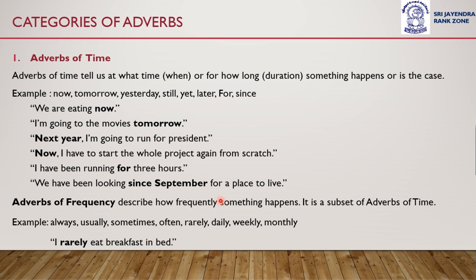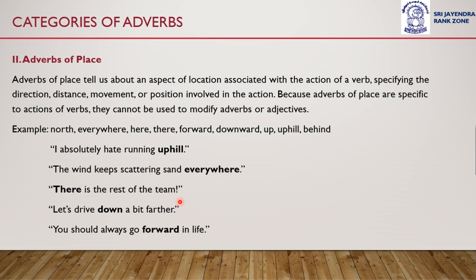let's move on to our next type of adverbs, that is adverbs of place. Adverbs of place tell us about an aspect of location associated with the actions of a verb, specifying the direction involved in the action. Adverbs of place are specific to actions of verbs.